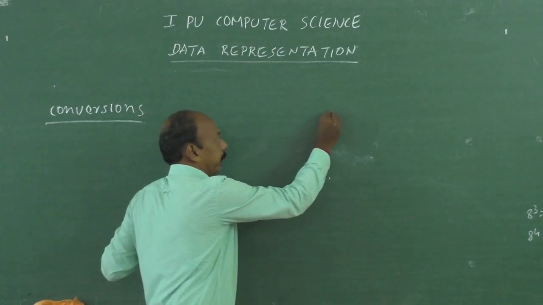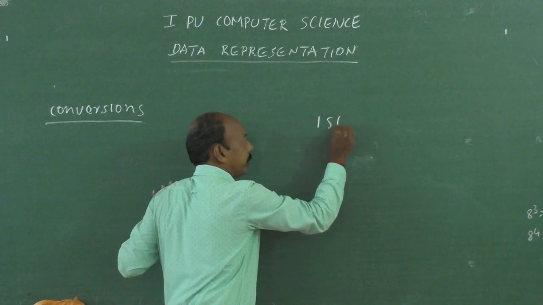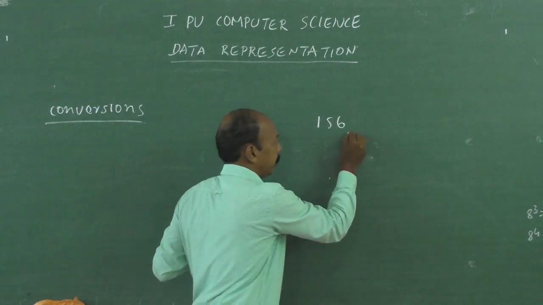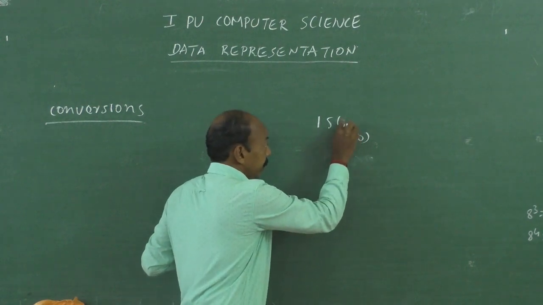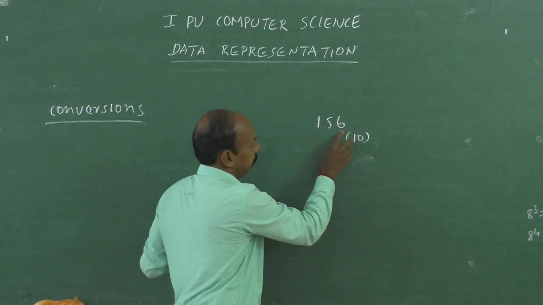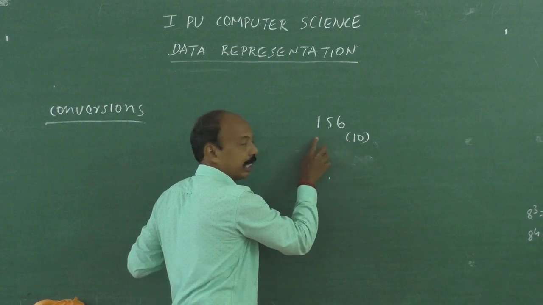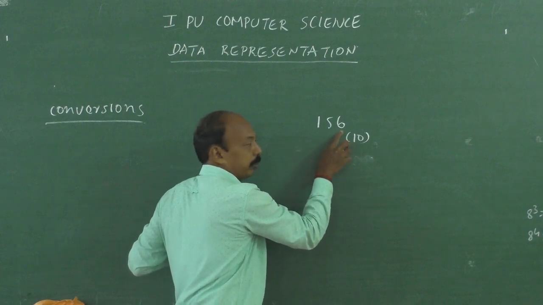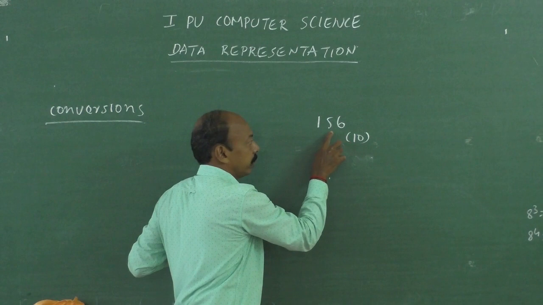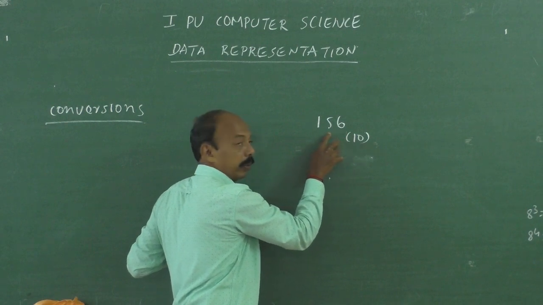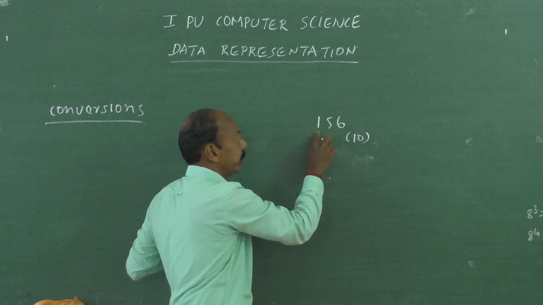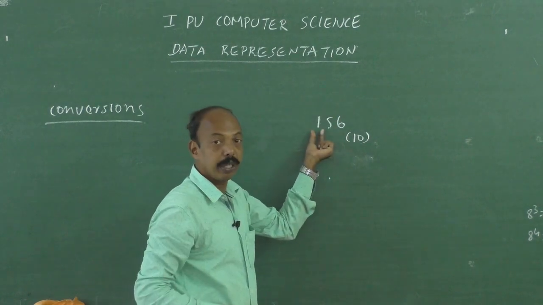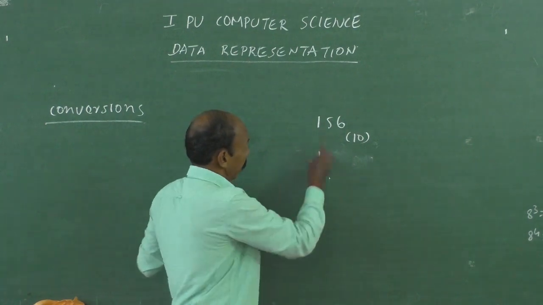If we write a number 156 in the decimal number system, see here, it's units, tens, hundreds. Its weight is 10 to the power 0, 10 to the power 1, 10 to the power 2, right? So the weight of this digit is 100, that is 10 to the power 2.